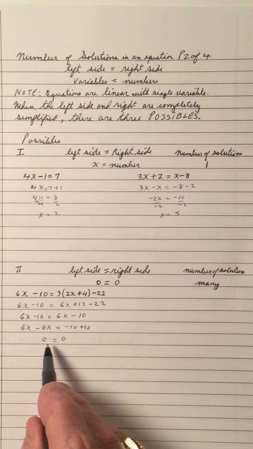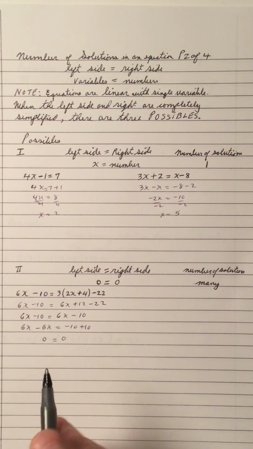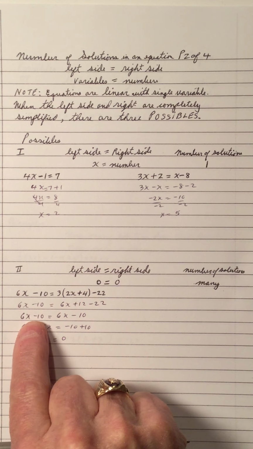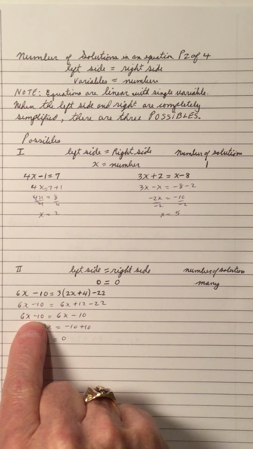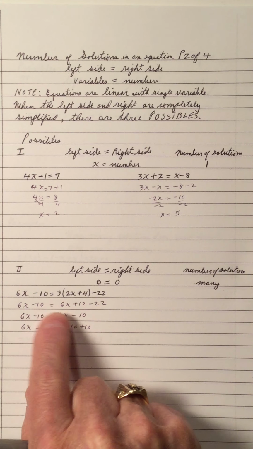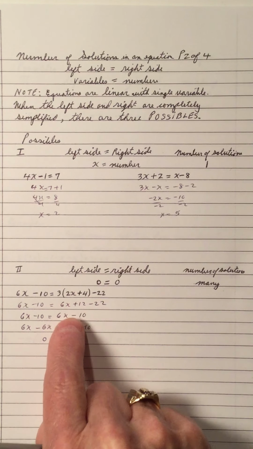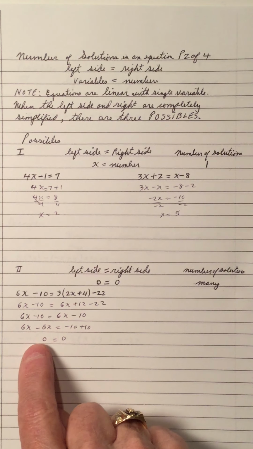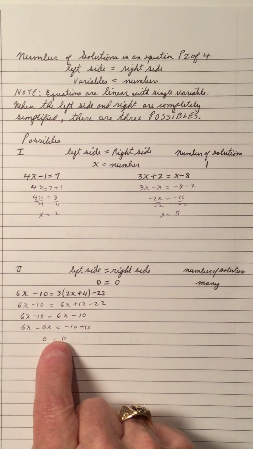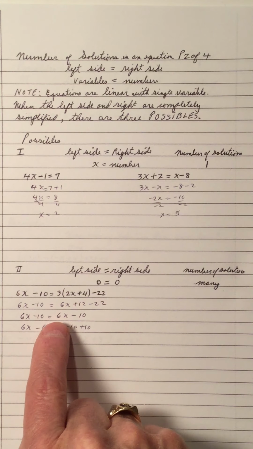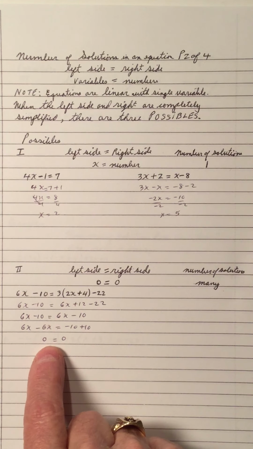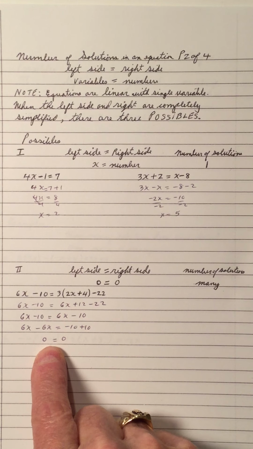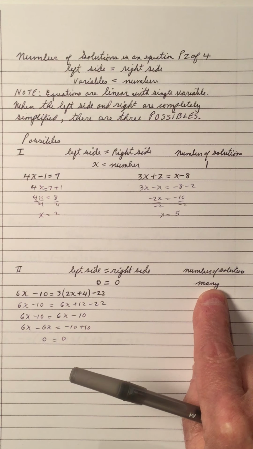When you get this situation, 0 equals 0, notice that 6x minus 10 is the same as 6x minus 10. The two sides are the same. It makes no difference if you have this or this; you'll get 0 equals 0 because they'll cancel each other out. So if you get 0 equals 0 when you solve it, you have many solutions.